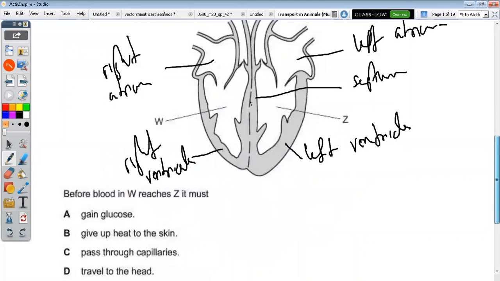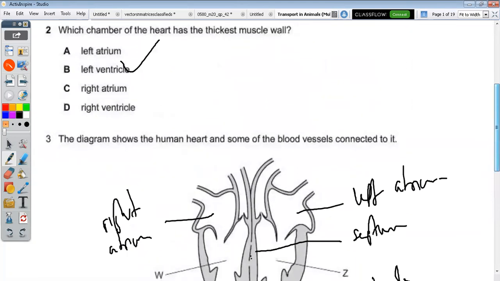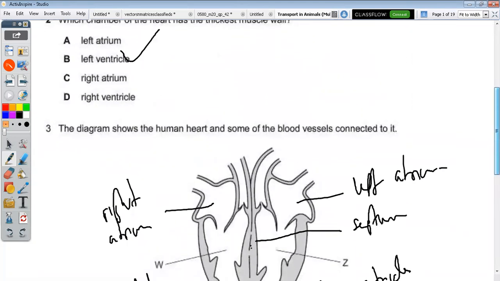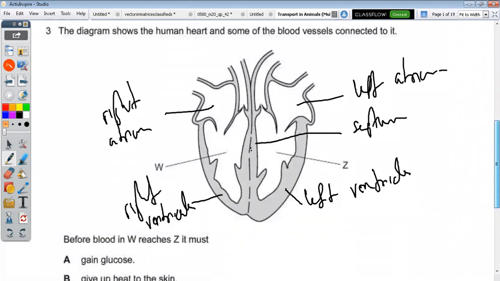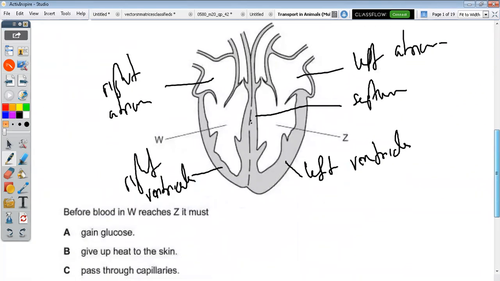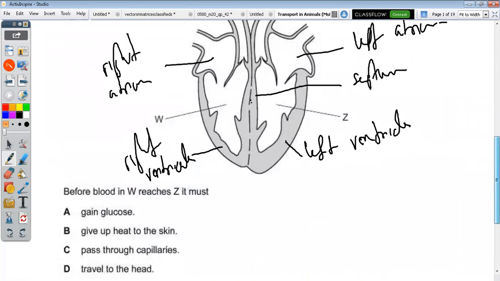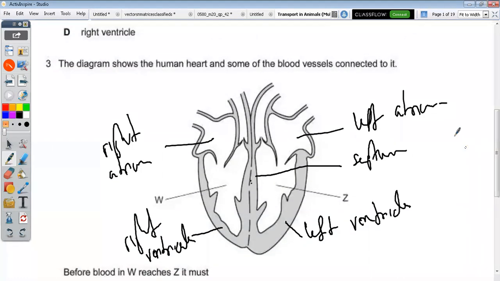But now the question is saying, the diagram shows the human heart and some blood vessels connected to it. Before the blood in W reaches Z, we know that this blood is deoxygenated. It's coming from the vena cava, which comes from muscles.